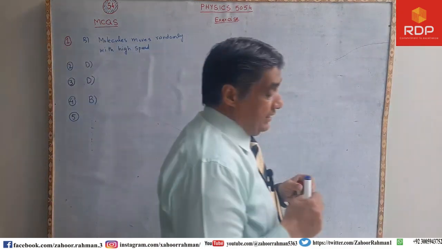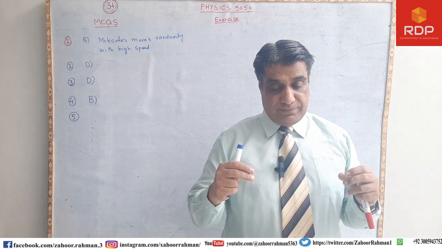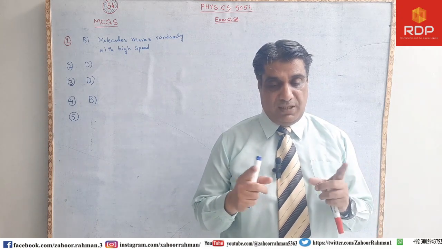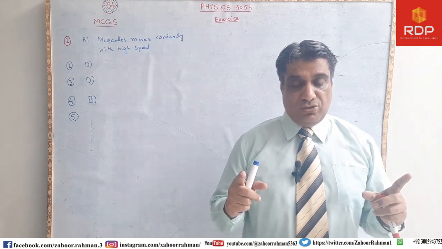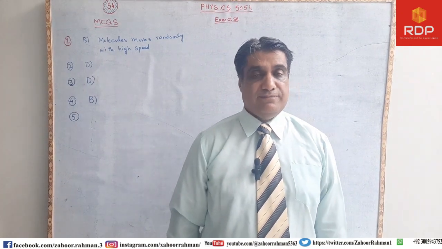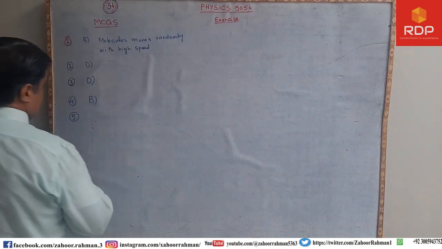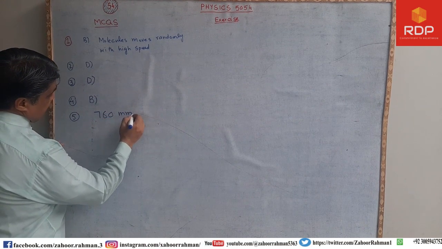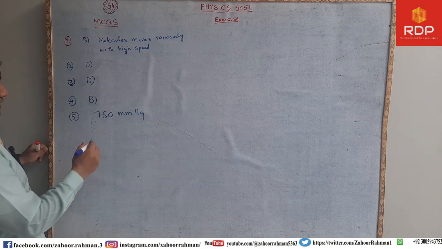When you are increasing the volume of the gas trapped inside the container, the distance between those molecules increases, and the pressure will decrease. First, it was 760 millimeters of mercury, 760 mm of Hg.